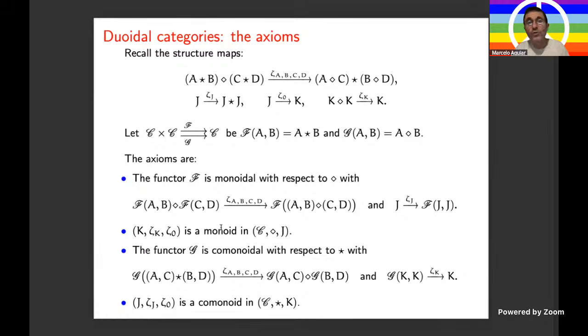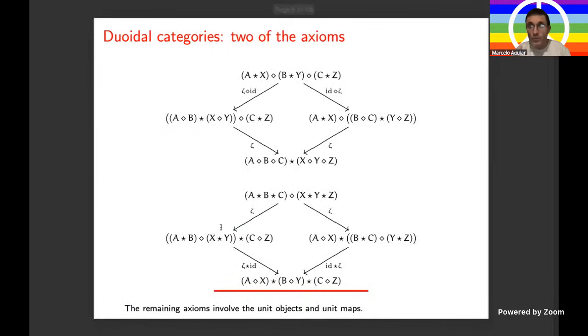To make this more concrete still, this is what this amounts to in the end when you unpack it and turn it into commutative diagrams. These are the two main axioms. There are other axioms involving the unit objects, but as far as associativity is concerned, these are the two axioms. Notice that the associativity of both monoidal structures is omitted here. I'm writing the axioms as if the two monoidal structures on our category were strict.